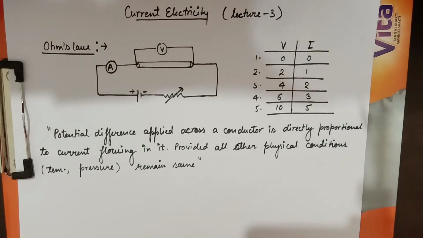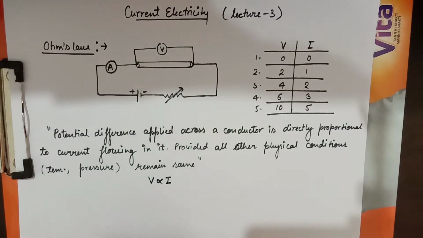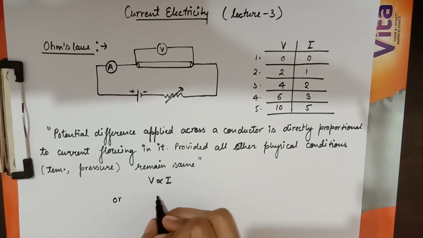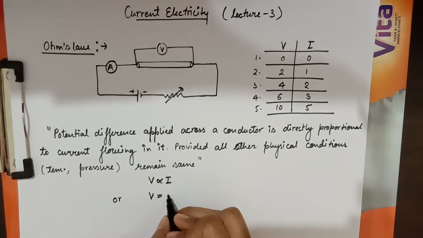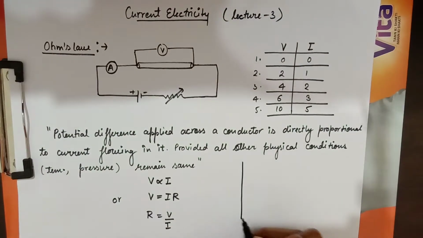So from this statement we can say that V is directly proportional to I, or if we remove this proportionality sign, a constant comes into the picture, and this constant is called resistance, or R is equal to V divided by I.